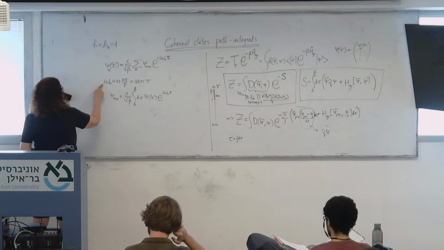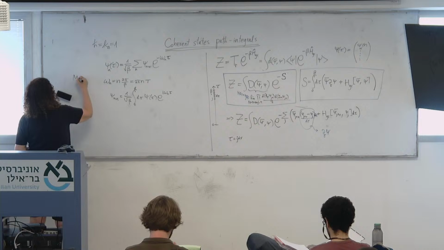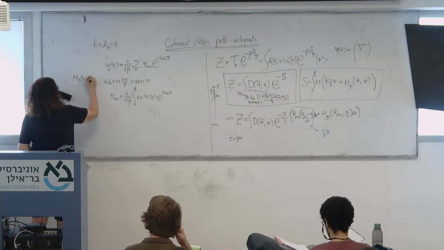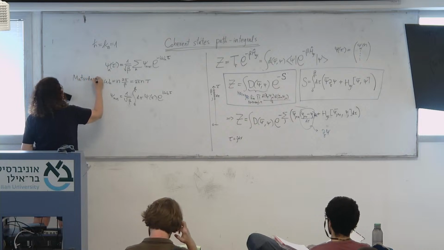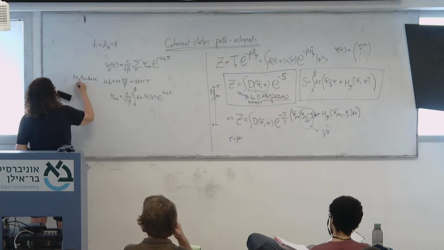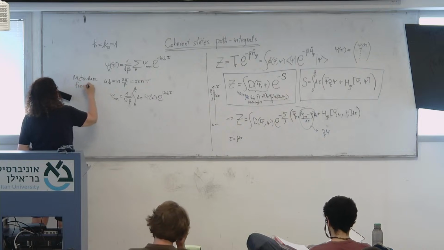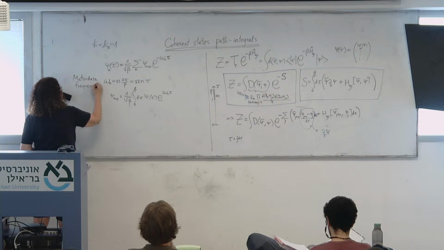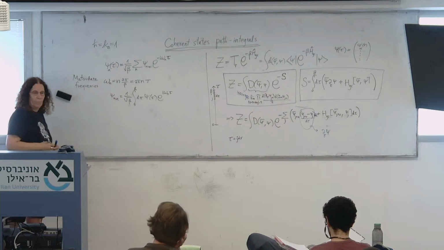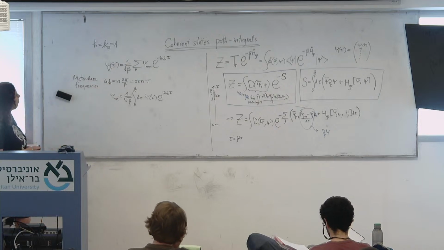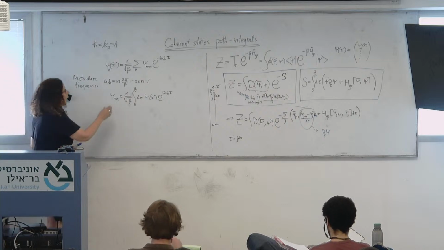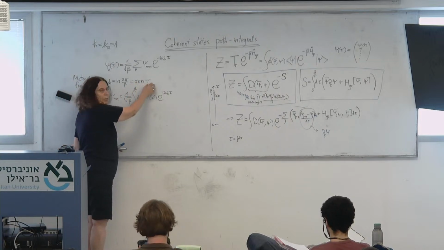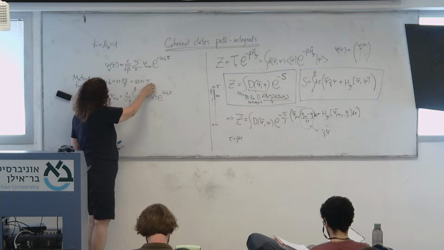So these frequencies are called Matsubara frequencies, and they are basically multiples of the temperature, or multiples of the temperature times 2 pi.